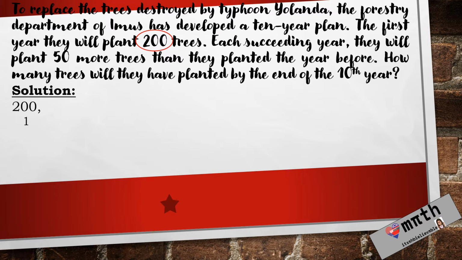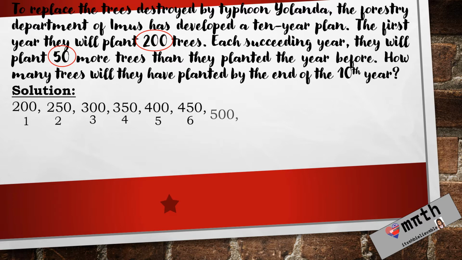Then, on the following years, we're going to add 50 more trees to the previous year, which is 200 plus 50, that will be 250 for the second year, then 300 for the third year, 350 for the fourth year, 400 for the fifth year, 450 for the sixth year, 500 for the seventh year, 550 for the eighth year, 600 for the ninth year, and 650 for the 10th year.